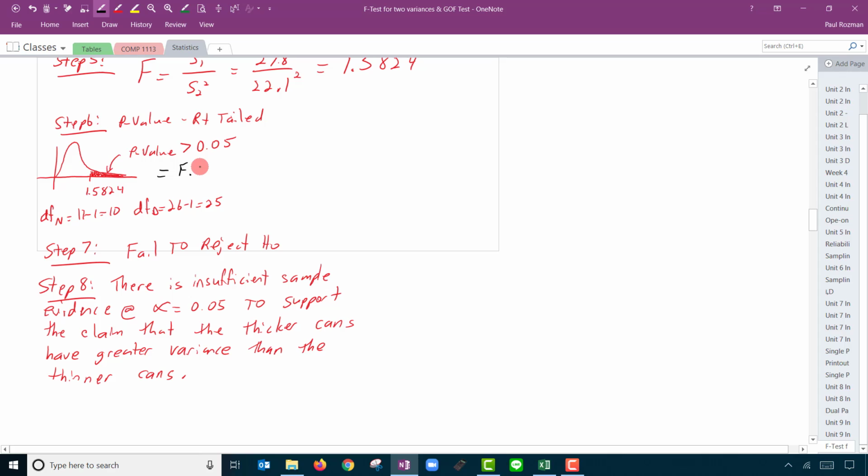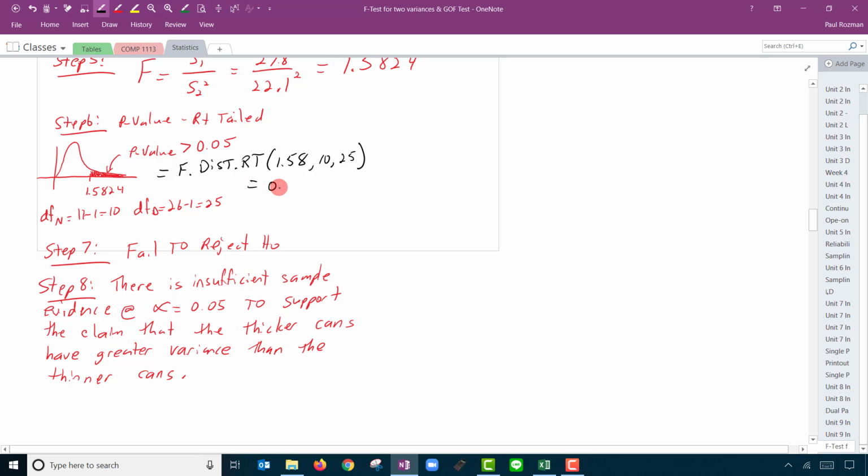The function is f_dist, and because we want it to the right here, there's a right function, and then we just put in 1.58, and then we put in our degrees of freedom of the numerator and the denominator. I don't think you have to put cumulative when you're going to the right, and you get your result.